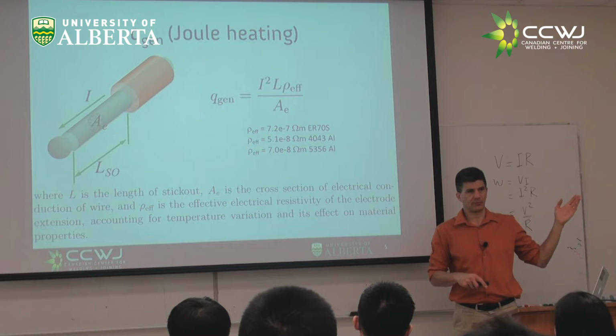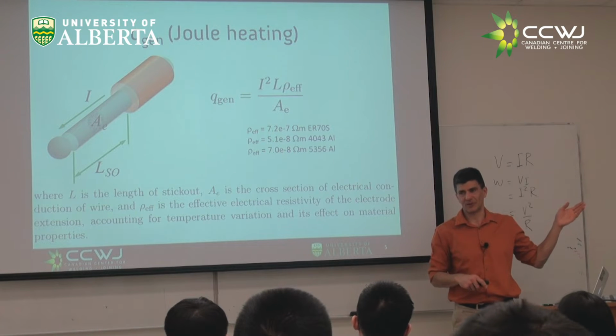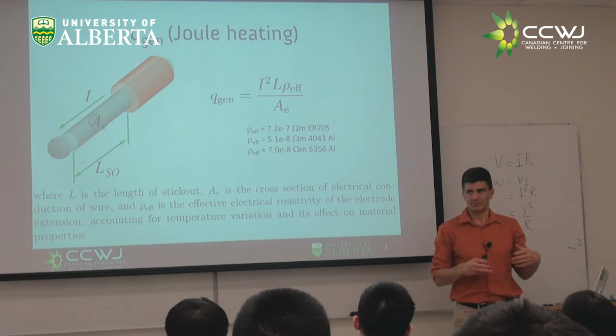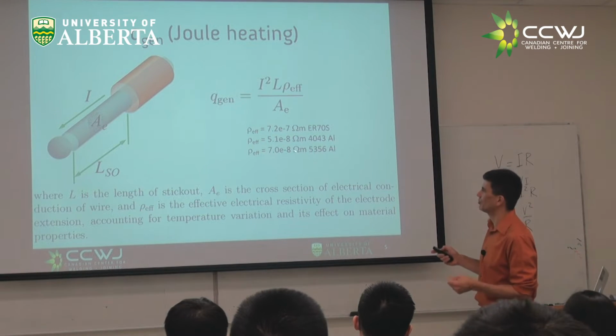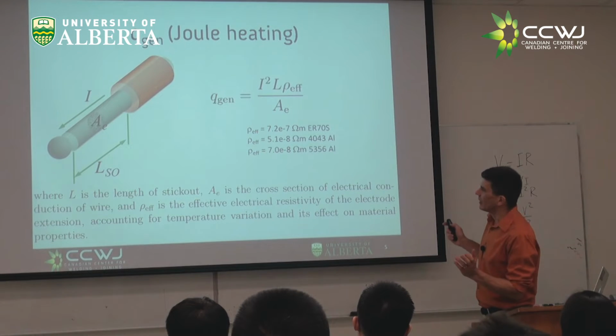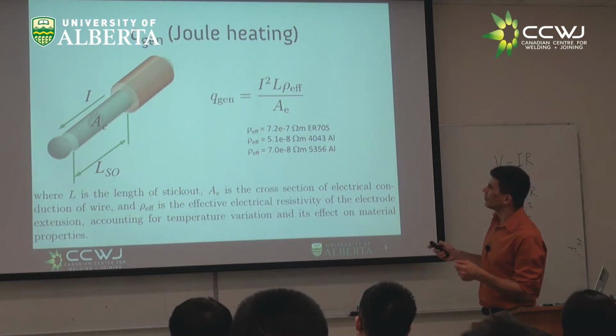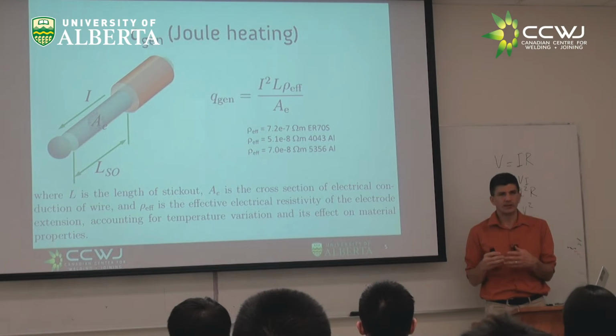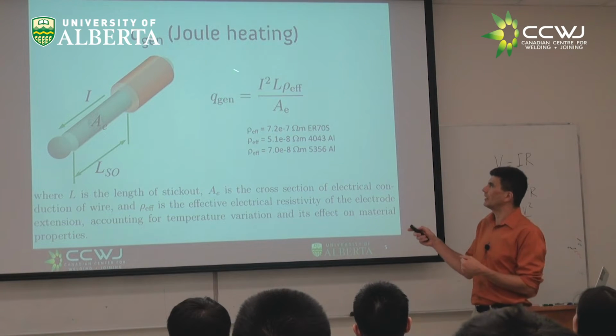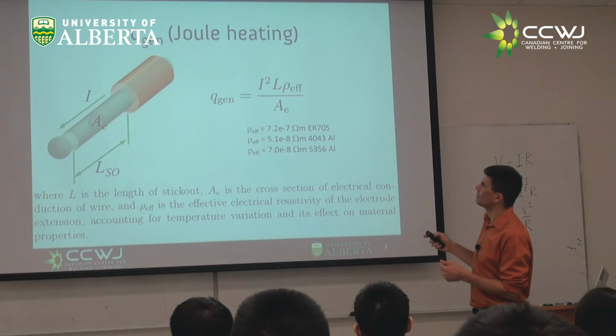It's a fire hazard because it's not as good as copper by a long shot. So by Joule heating, those wires generate heat that can end up in unhappy situations. Okay, so because you have these values which will be in your formula sheet, you now can calculate the heat generated by the electrode.